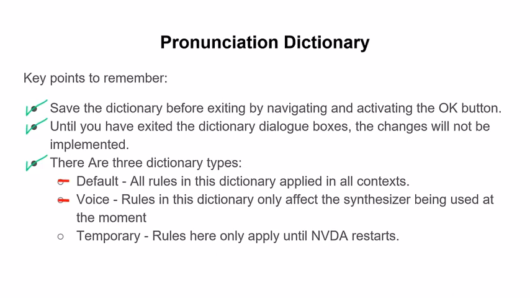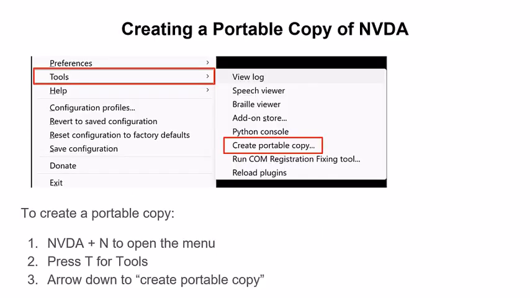If you're using Microsoft David or Reed or whatever synthesizer you might have downloaded from the internet, the rules only apply to that synthesizer. And that means if you change it, my WCBVI might not pronounce the way I want to. The third type is temporary. Rules here only apply until NVDA restarts.